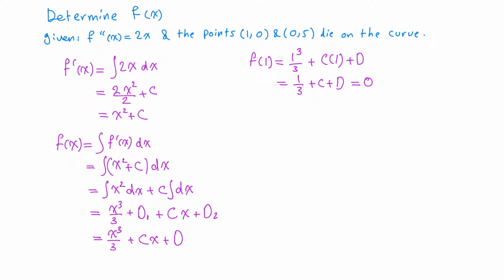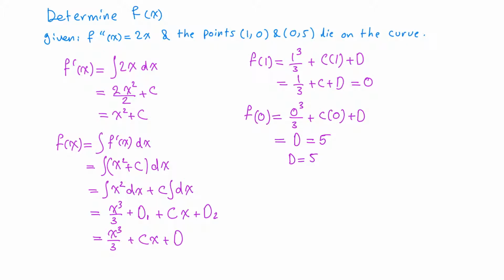Now I will use my second point over here. So I know that at f of 0, I get 0 cubed over 3 plus c times 0 plus d. So I pretty much get 0 plus 0 plus d. And I know that f of 0 is equal to 5, meaning that d is equal to 5.